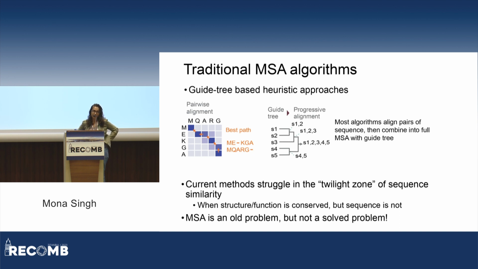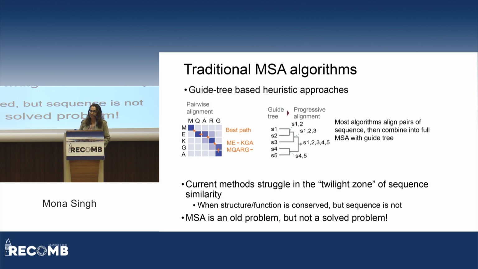Then you have a guide tree that tells you how to merge these pairwise and larger alignments into a bigger alignment. This has been the paradigm for the last 30 to 35 years in the area of multiple sequence alignments. Multiple sequence alignment methods work quite well, but they struggle in the twilight zone of sequence similarity. This is the case where the structure and function are conserved, but the sequence is not.